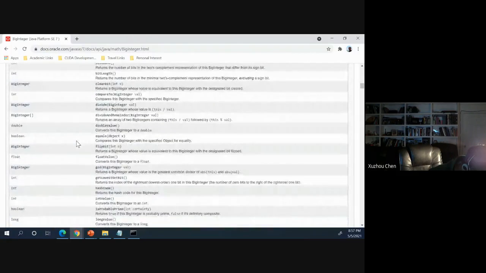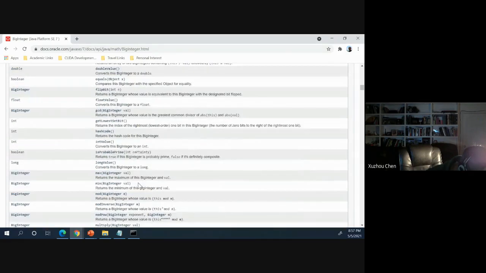You can find the GCD, the greatest common divisor between two numbers, and you can use the modular operation.